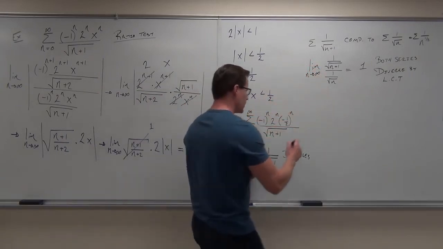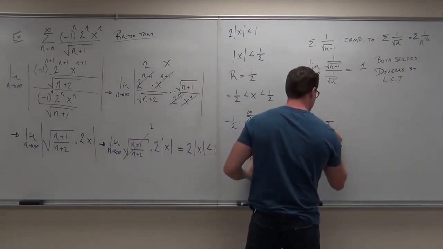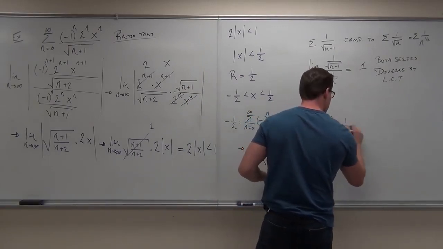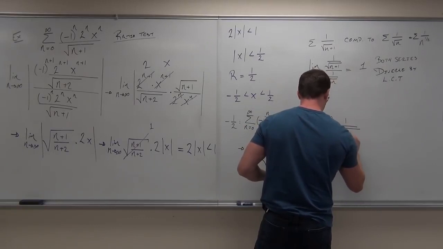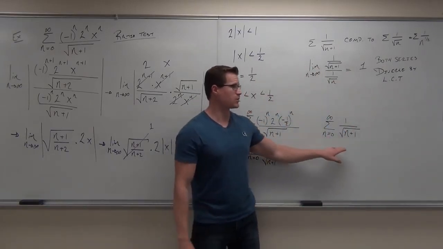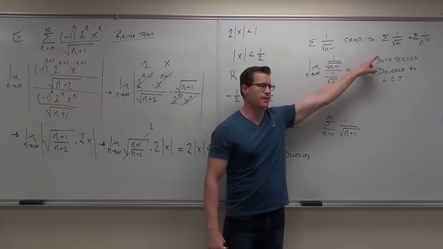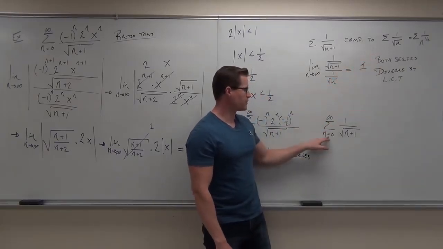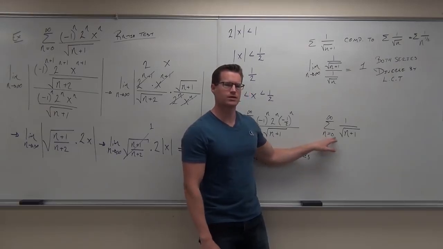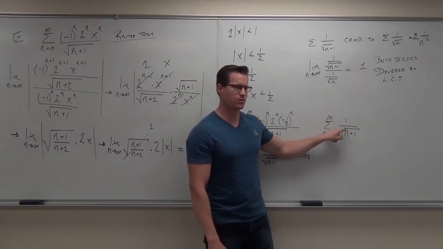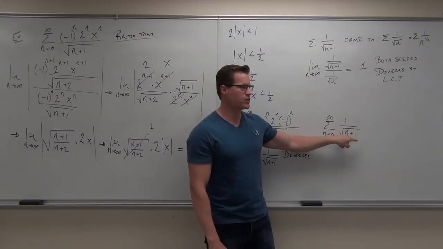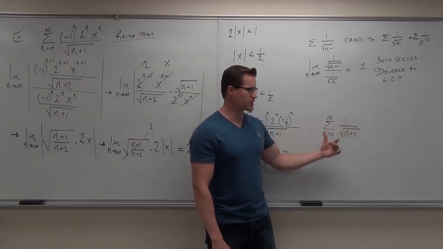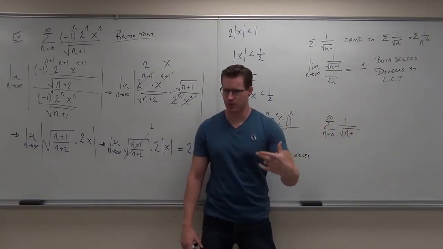Check it. Sometimes you can manipulate your series in such a way to change it from what it is to what you want it to be. And here's how you would do that in this case. Notice, if we start with n equals 0, we get a square root of 0 plus 1. You can manipulate these series as long as you start with the same thing and it follows the same pattern.